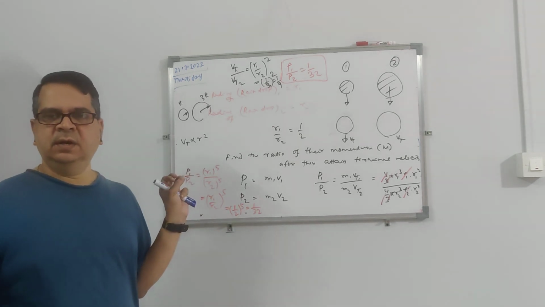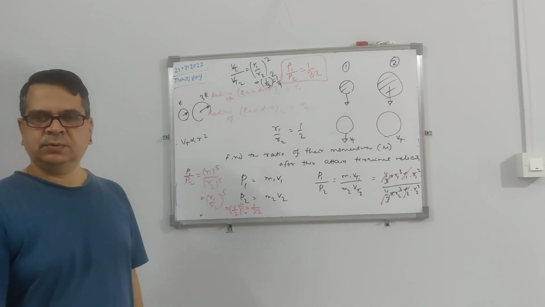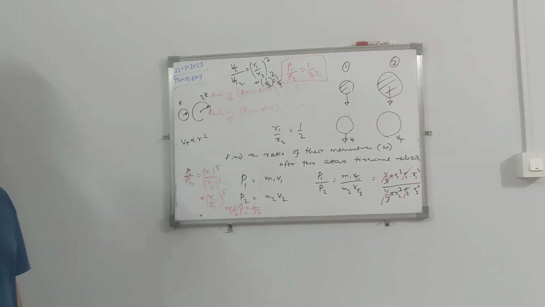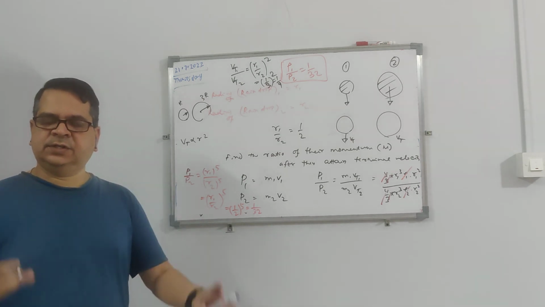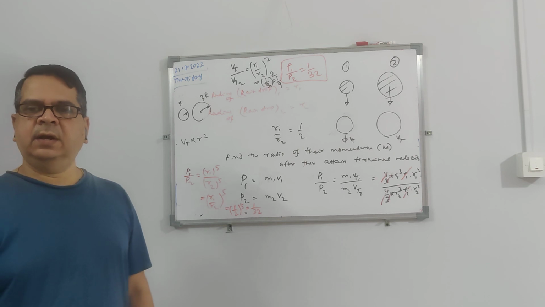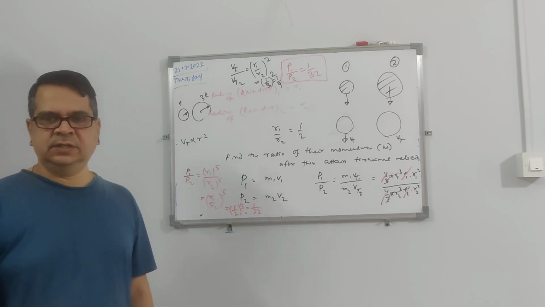Finally we have arrived at an equation: terminal velocity is directly proportional to r square and inversely proportional to the coefficient of viscosity. So in a viscous fluid, the more viscous the fluid, the lesser the terminal velocity.